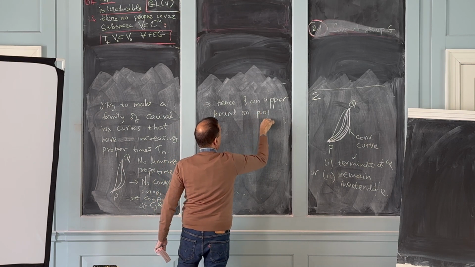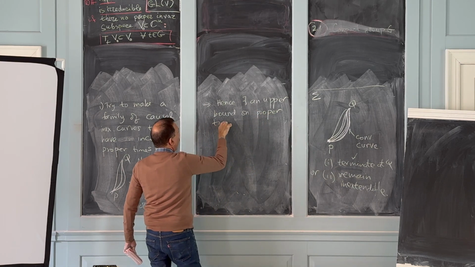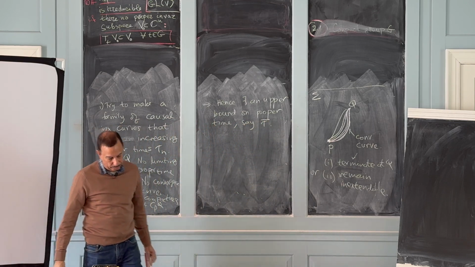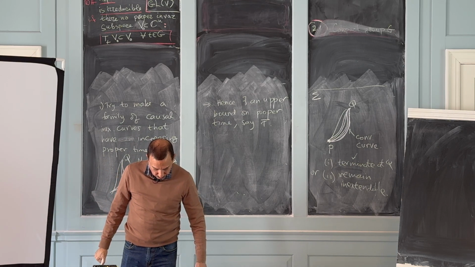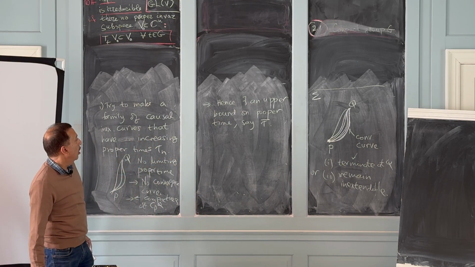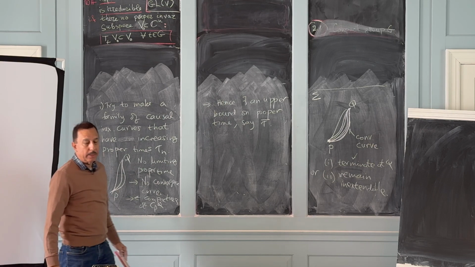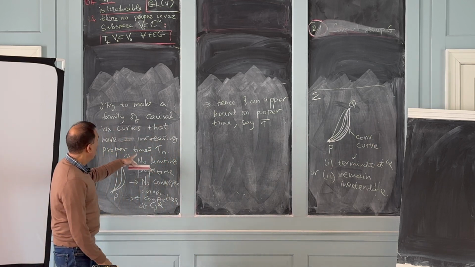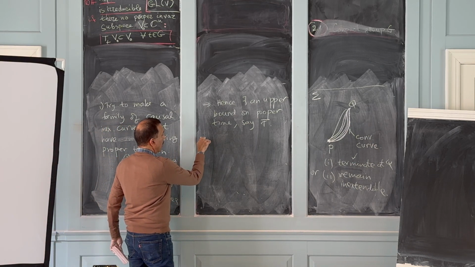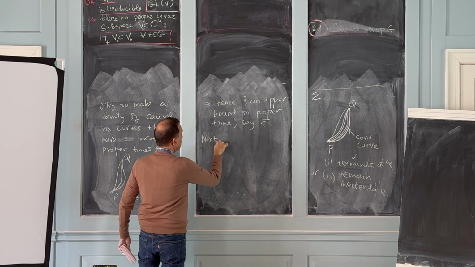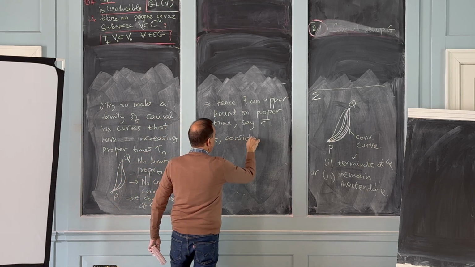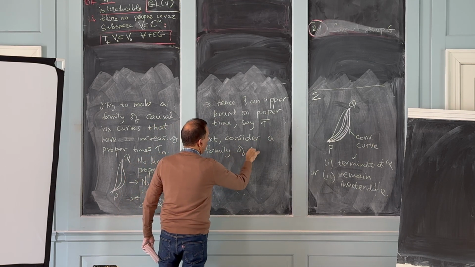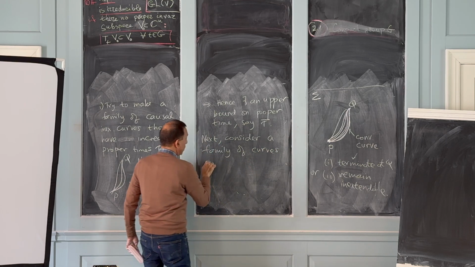Hence, there's an upper bound of the proper time of this family, say tau bar. So we take the least upper bound and we'll call it tau bar. Good. Now consider a family of curves whose proper time tends to this value.